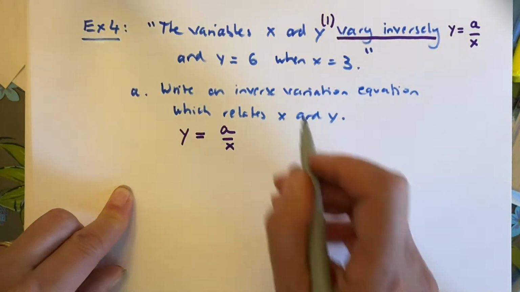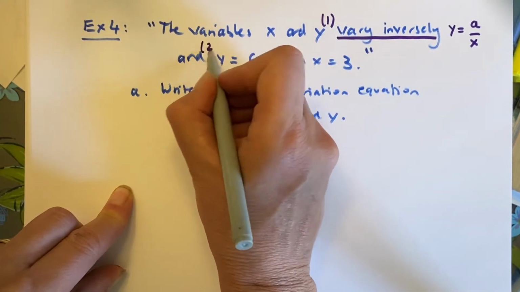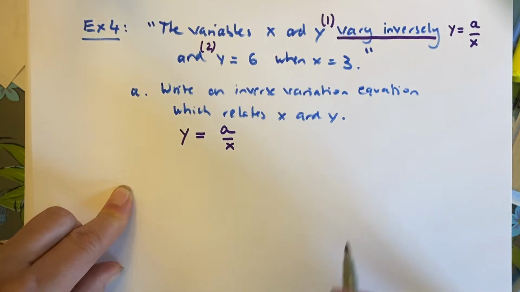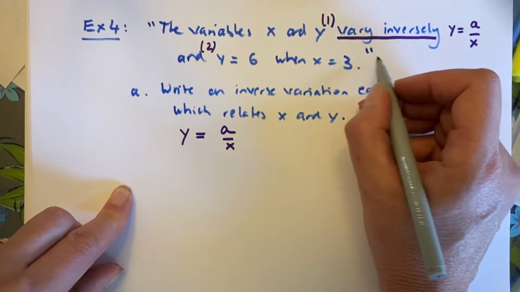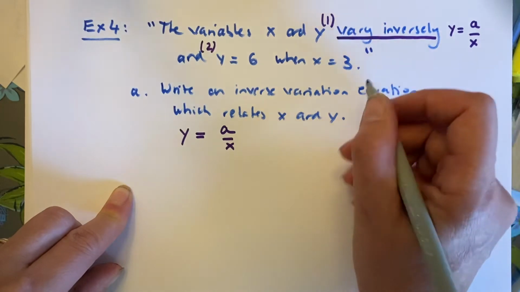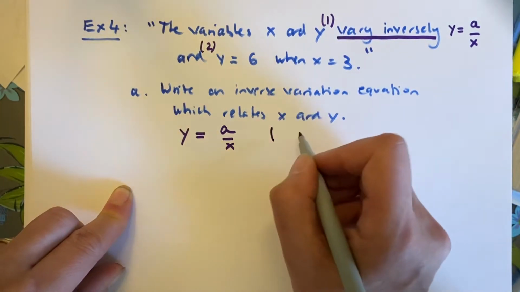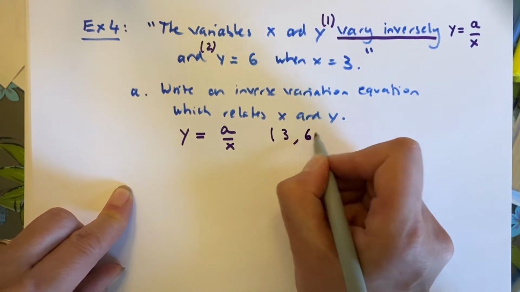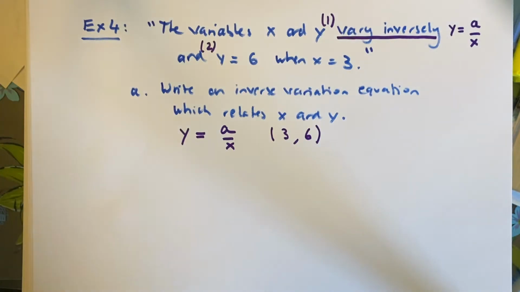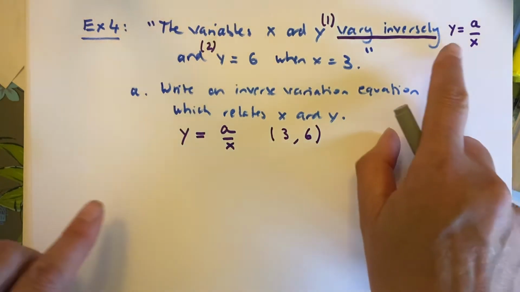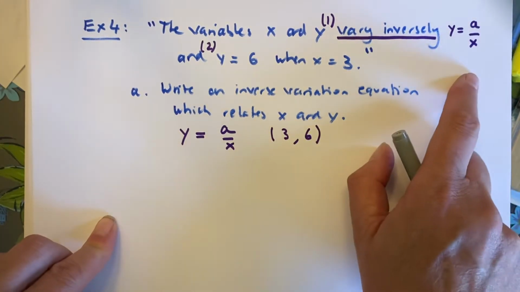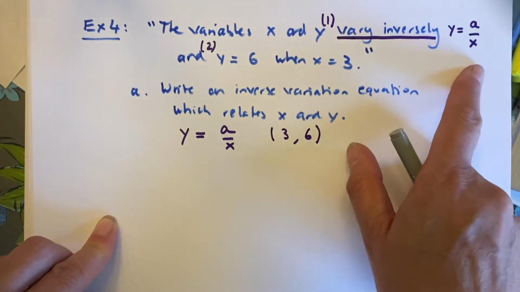Your second clue is that they tell you y equals 6 when x equals 3. That means they're giving you the first ordered pair, right? They're telling you when x is 3, y is 6. And that is a clue that you need to be able to write that equation. Now, if you've seen the equations we've looked at, we said y equals 2 over x, or 1 over x, or 4 over x, or negative 4 over x.